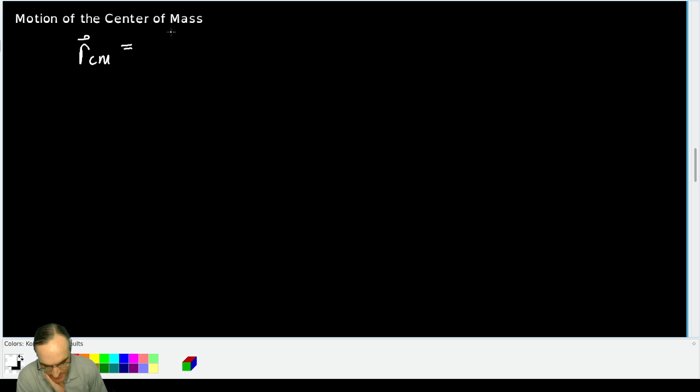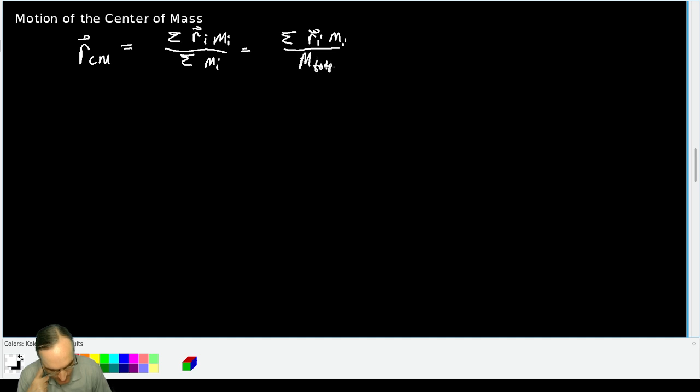So R_CM is equal to a sum over r_i m_i divided by the sum over the mass pieces. And this is basically just a sum of r_i times m_i over the total mass.